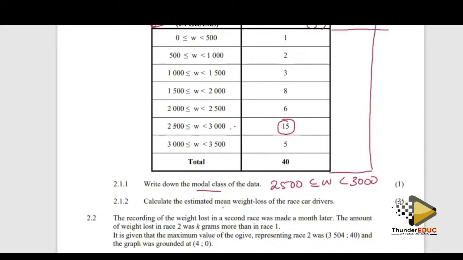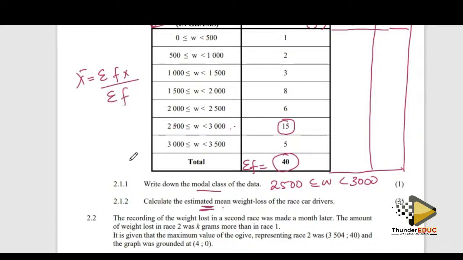And then this was the F of X, the product of the frequency, and then that. So we already have the total number. So this is summation of F, the frequency. We know that the estimated mean, which is the mean of this grouped data, will always be given as the summation of Fx over the summation of F.